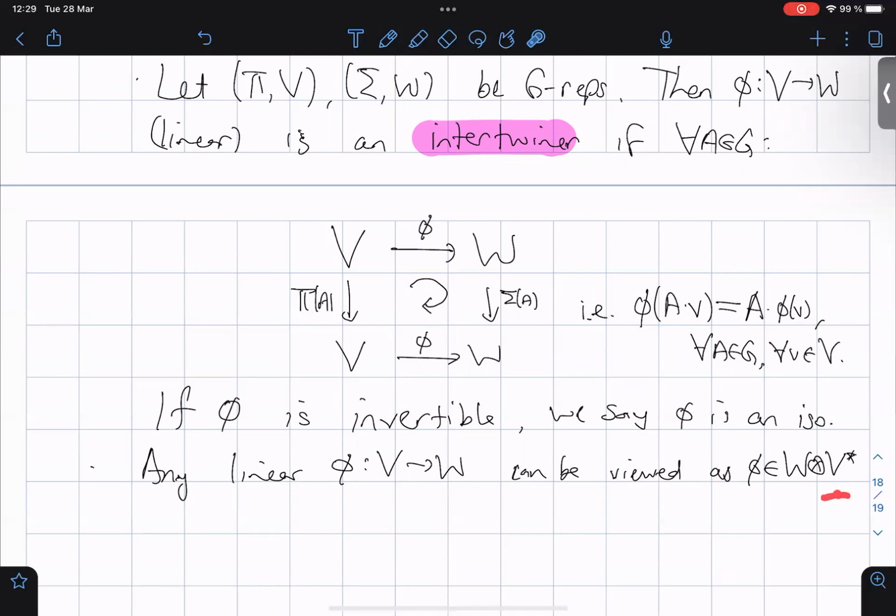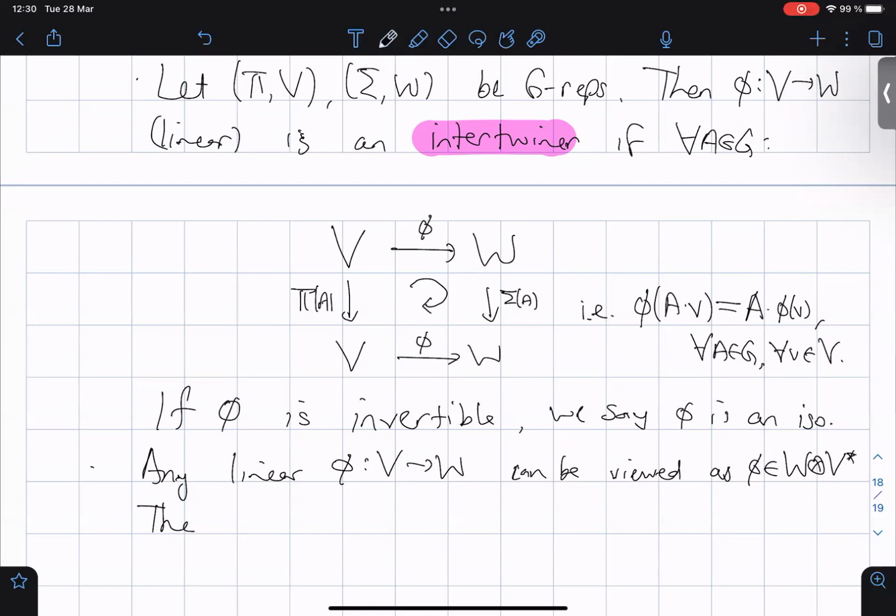You feed this something in capital V, you pair it with this piece, and it spits out something over here. So any linear map lives in this tensor product space. We have seen the action induced on a tensor product. We've been talking about that for SL2 on the symmetric tensor products. You just induce the representation on each factor at the same time at the group level.